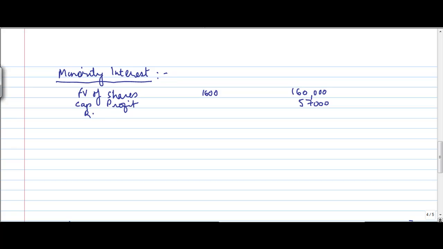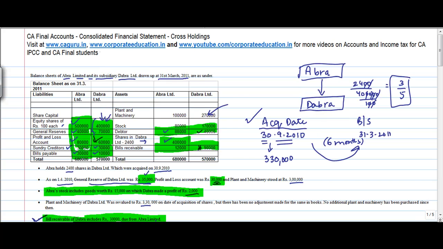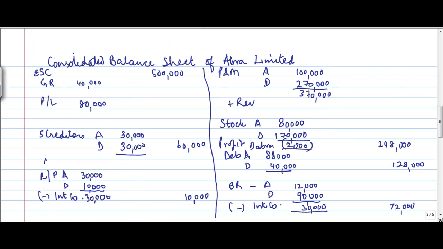Similarly, they get their part of revenue reserve and profit and loss account, which is 7,000 and 4,300 respectively. So when you do a sum total of this, minority interest comes to 228,300. So minority interest 228,300.